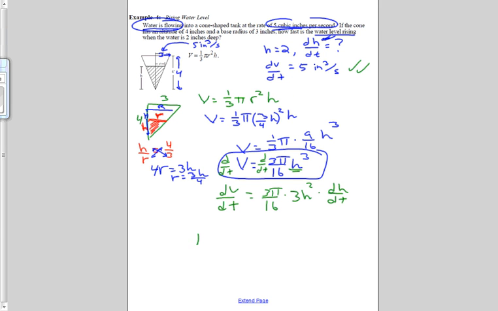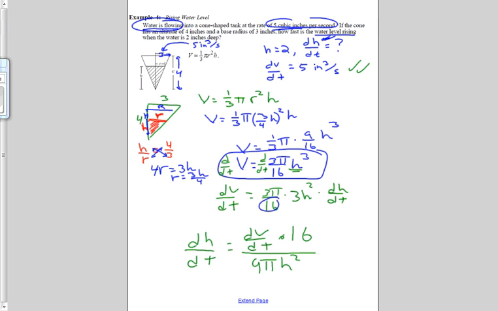So we get that dh dt equals dv dt times 16, so that 16 is coming up top, all over 3 times 3, so 9 pi h squared. That's what dh dt is if we solve for dh dt.